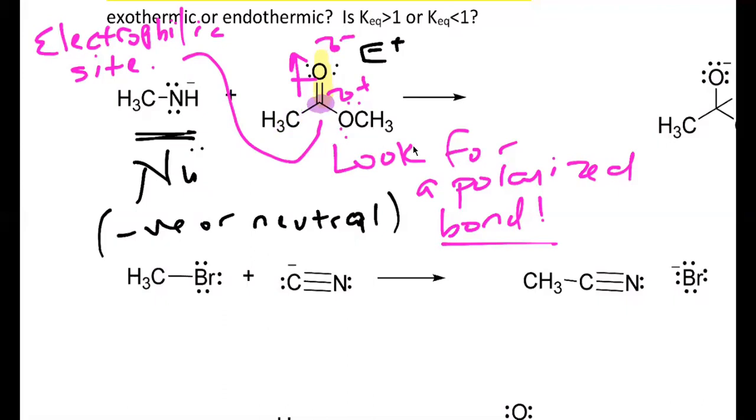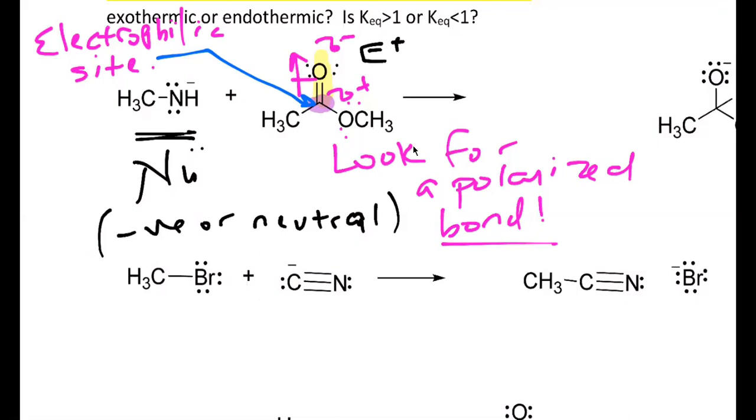All right. So now we can put the arrows in. So that's my electrophilic site. So the arrows are going to come from what? What's another word we use to identify a nucleophile?